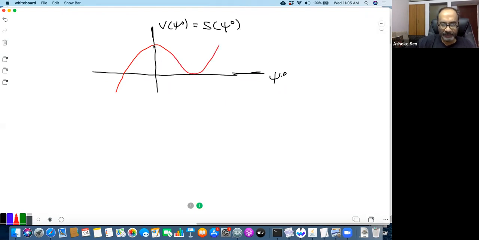At the origin, psi 0 equal to 0, this is what describes the D-instanton solution. Of course, the D-instanton should have psi 0 equal to 0 because that's where you start. But what you also know is that there is a local minimum, which describes the perturbative vacuum.